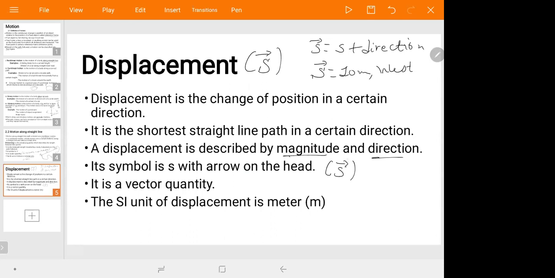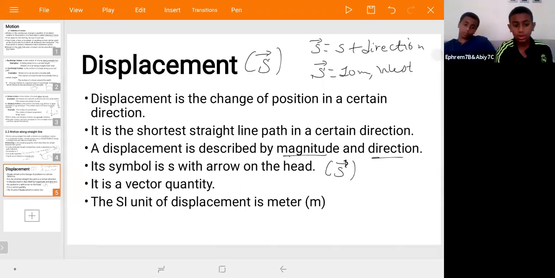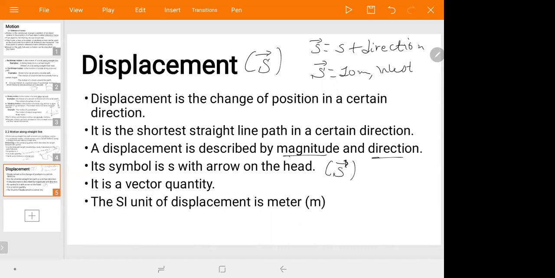This arrow shows a vector quantity. Therefore, displacement is a vector physical quantity.